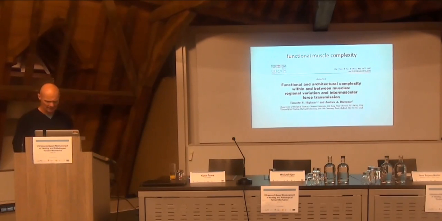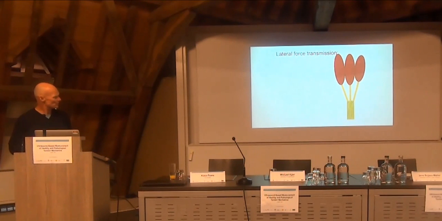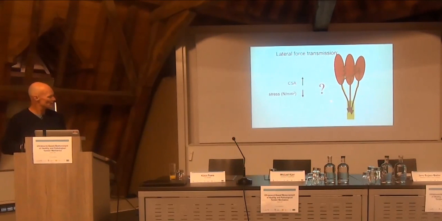But the whole idea here, or the whole theory here, is that our normal or traditional way of thinking is that we have a muscle loading up a part of the structure and then loading the tendon here. But what if there was lateral force transmission that spread either through the muscles or through the tendon laterally? This would mean a greater cross-sectional area. It would mean a reduction in stress in the tendon here, and this could perhaps have influence on injury in these loaded tissues.